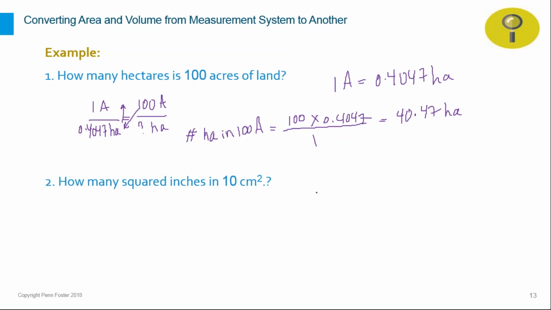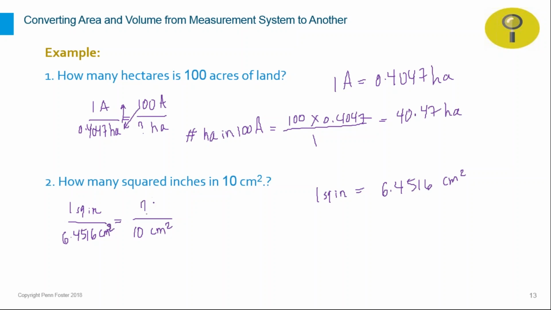Locate the factual information: 1 square inch equals 6.4516 square centimeters. Now, proportion. Factual information in the first fraction. So 1 square inch is equivalent to 6.4516 square centimeters. What if we have 10 square centimeters? What should we do?